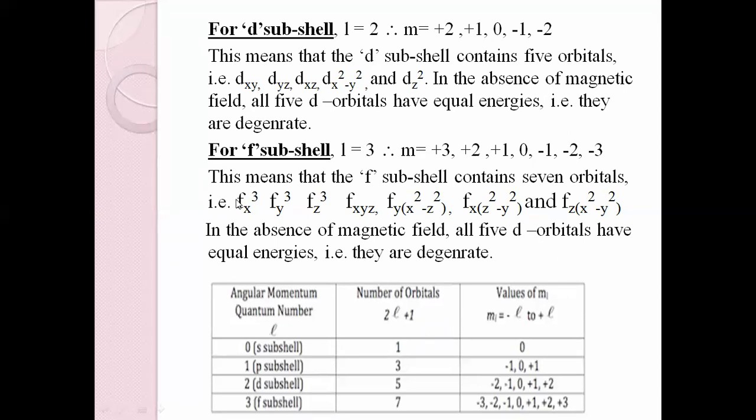What are these 7 different orbitals? बोलो, ये शायद ही आप लोगों ने पढ़ा है. आगे f ऑर्बिटल्स के ऊपर इतना नहीं है. d ऑर्बिटल्स तक ही जनरली स्टडीज आते रहे. f ऑर्बिटल्स हैं पर उतना नहीं. बोलो, fx3, fy3, fz3, fxyz, fy(x square minus z square), fx(z square minus y square), and fz(x square minus y square). So these are the different 7 f orbitals.